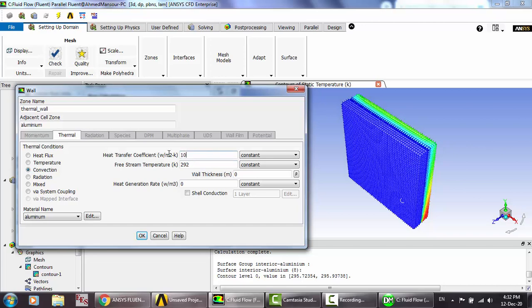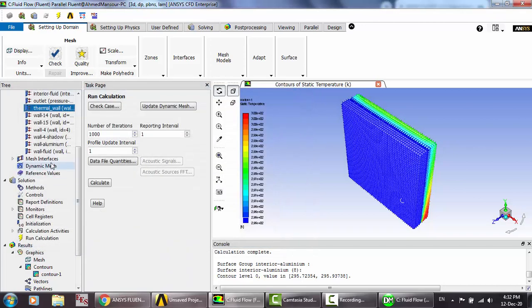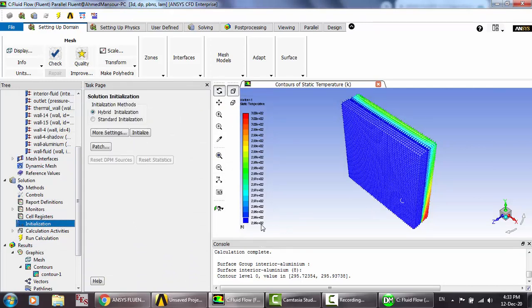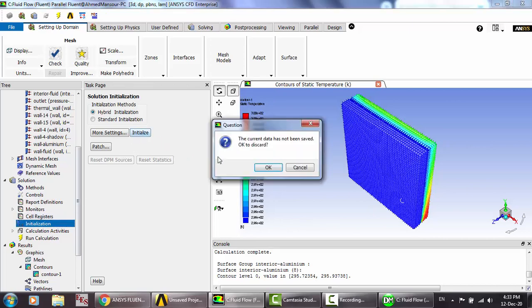Now increasing this h, what's gonna happen? Remember that we have 296. So what's gonna happen if h increases?